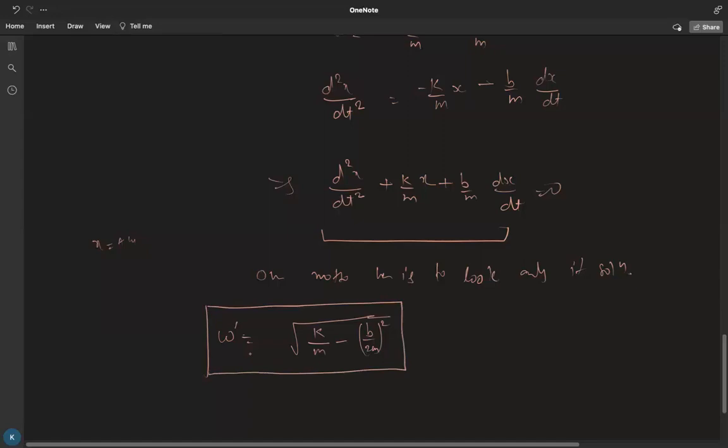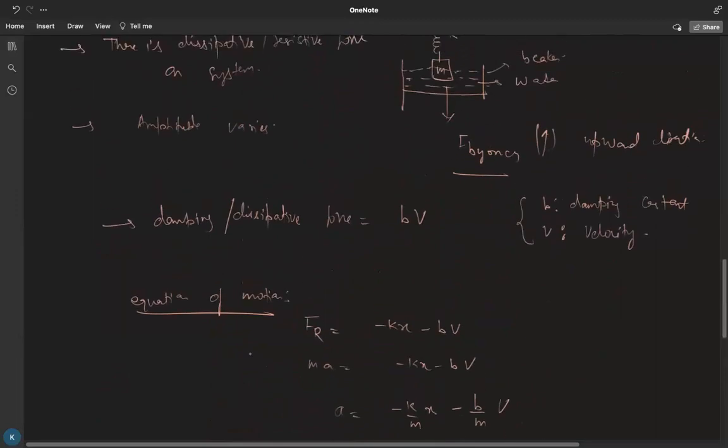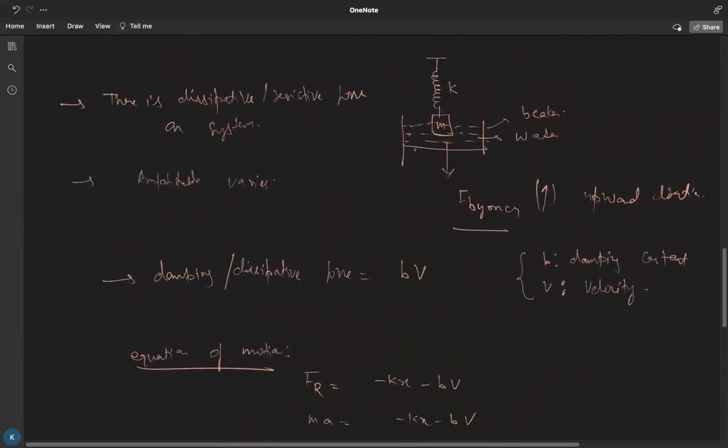The reason is that we don't have the same frequency every time. Each and every time, we have a continuously acting dissipative force. So it affects our amplitude, it affects our omega.